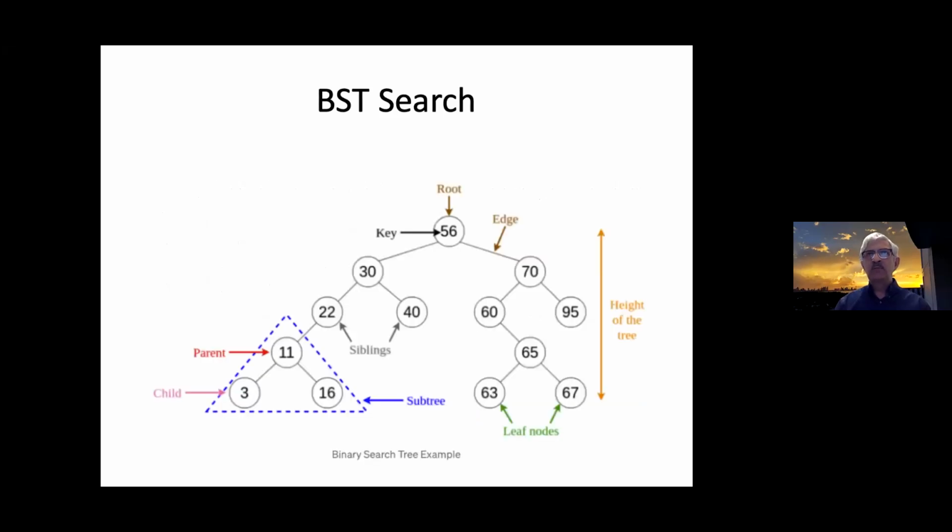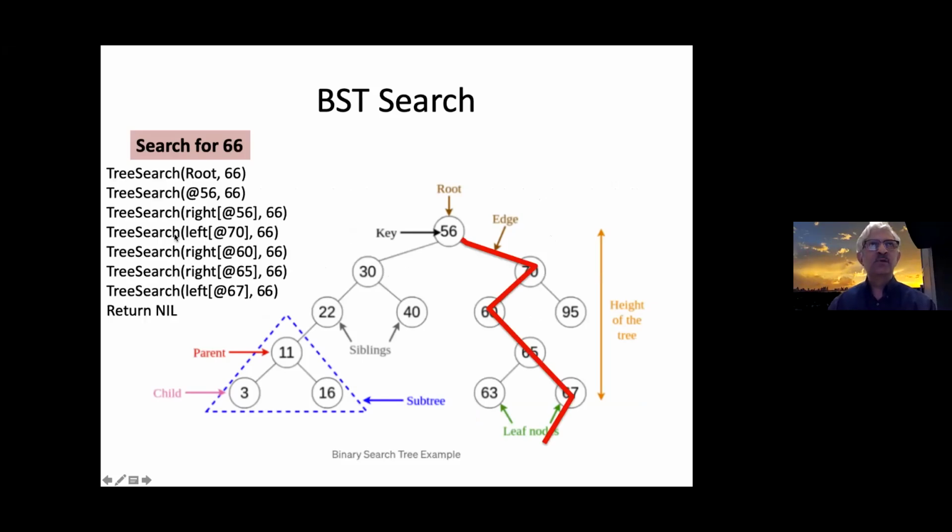If you look at the value 66, and you start from the root of the tree, you'll see that it's not equal to 56, and it's not smaller than 56. It is larger than 56. So you will follow the right child pointer.